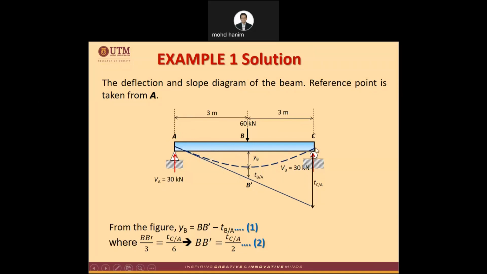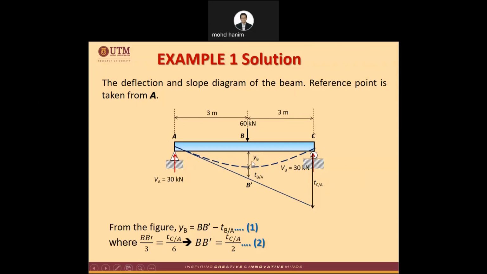So here is TCA. What is TCA? TCA is the tangent deviation in relation to the tangent at A, the slope at A. And here is TBA.